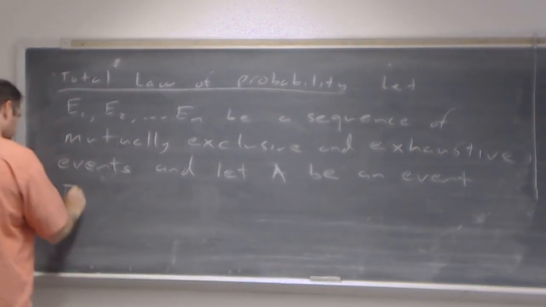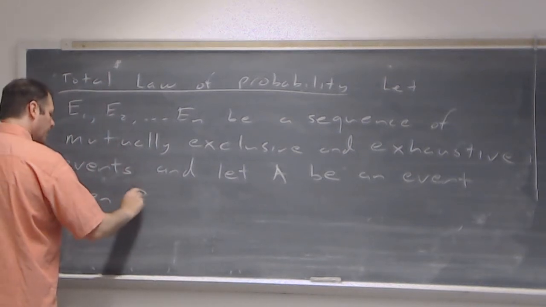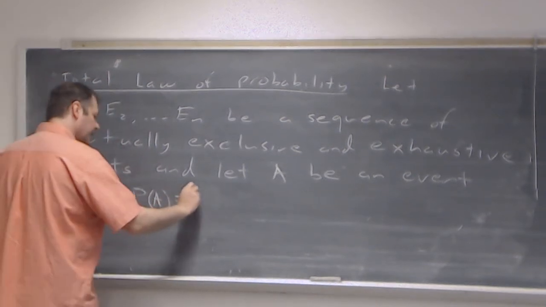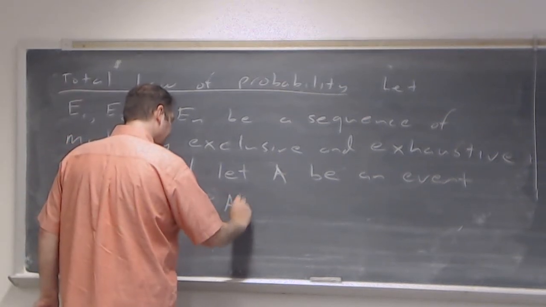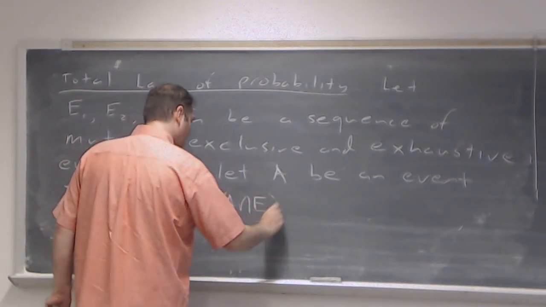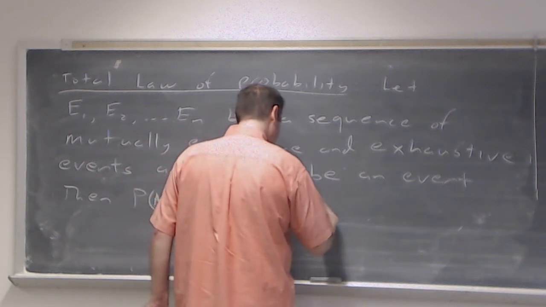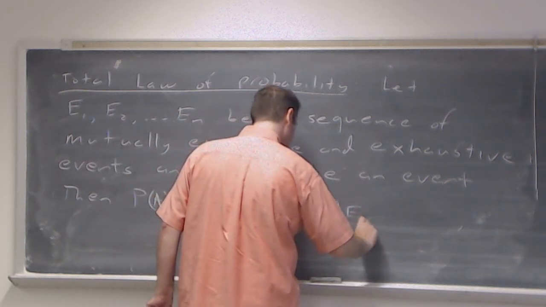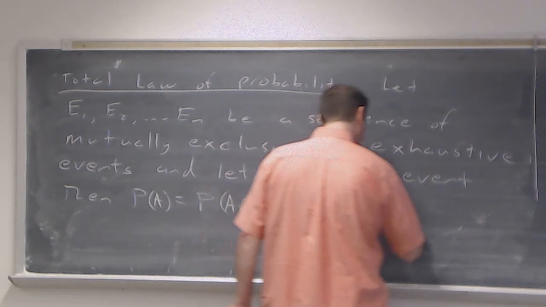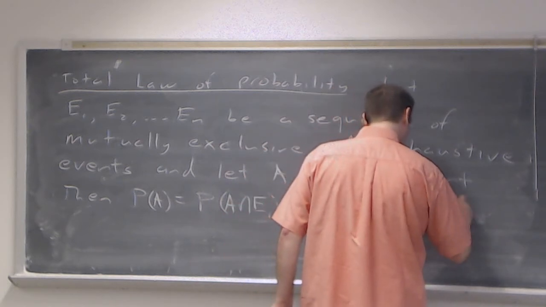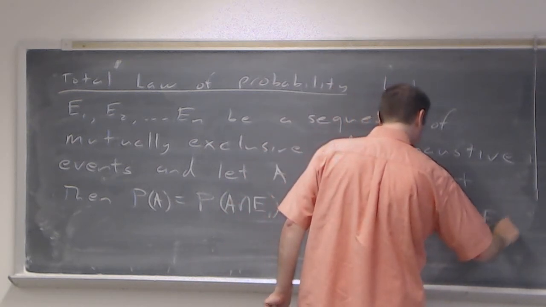Then the probability of A is equal to the probability of A intersect E1 plus the probability of A intersect E2 plus, and we keep going, the probability of A intersect En.